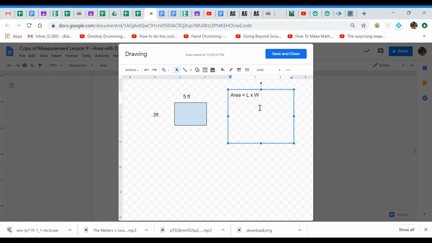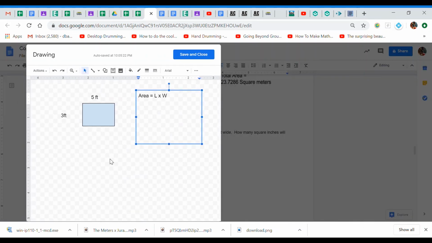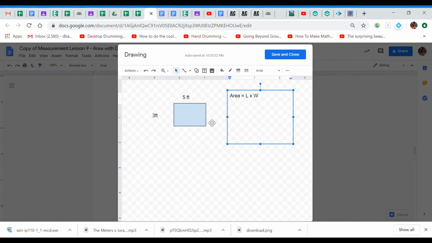But going back to the question, the answer needs to be written in square inches. How many square inches will he be painting? Just checking. Yep, it needs to be square inches. So I know I can't do the area as I want to. I cannot do 5 feet times 3 feet, because I need to turn the feet into inches first.